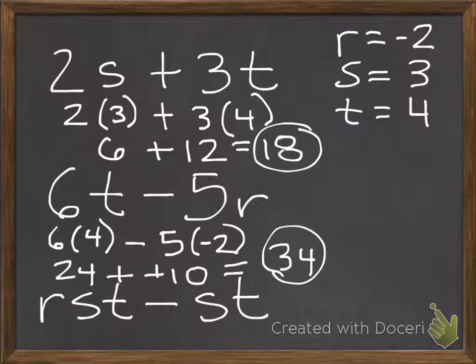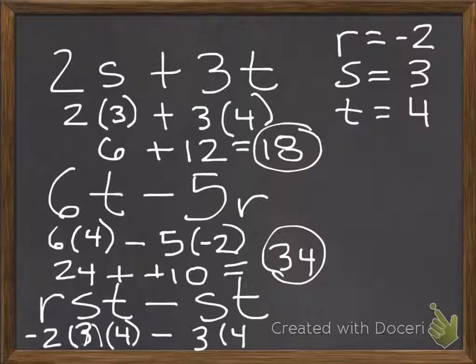And then the last problem, rst means multiply, r times s times t, so we have negative 2 times 3 times 4 minus st, which is going to be just 3 times 4.